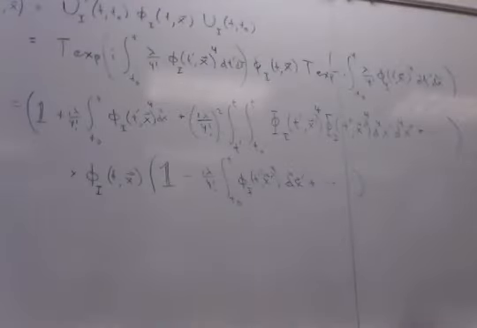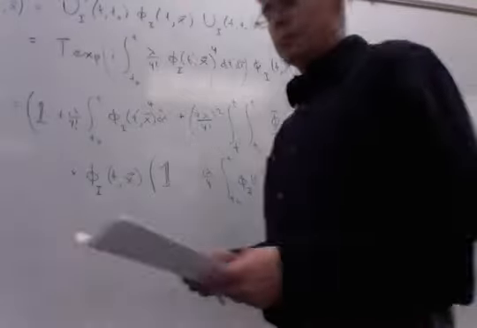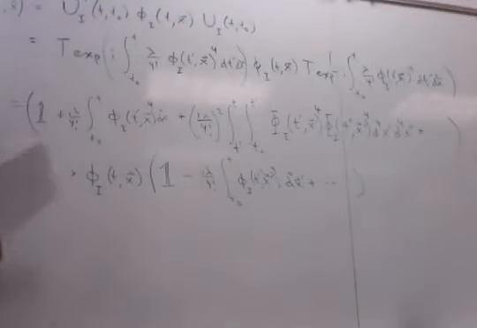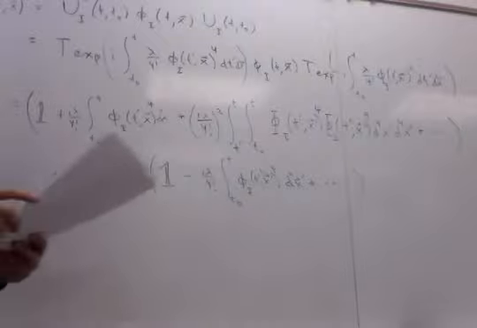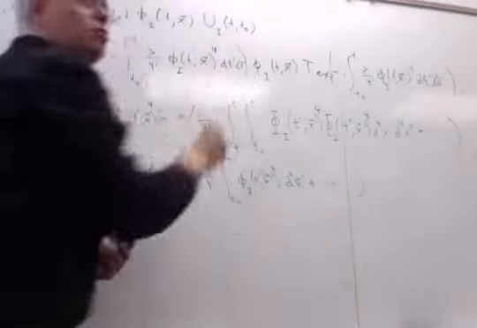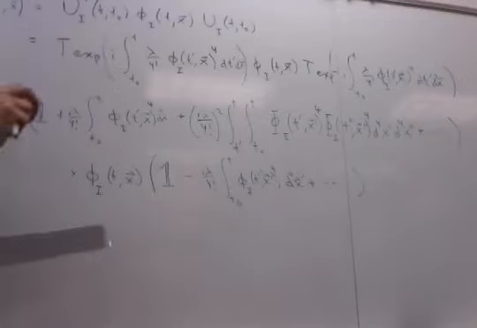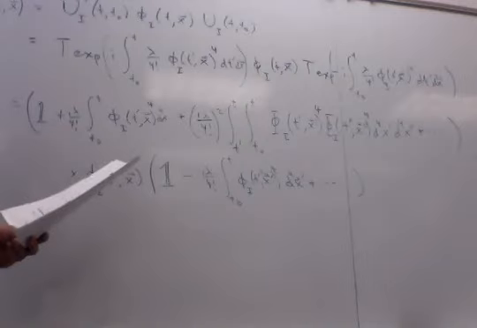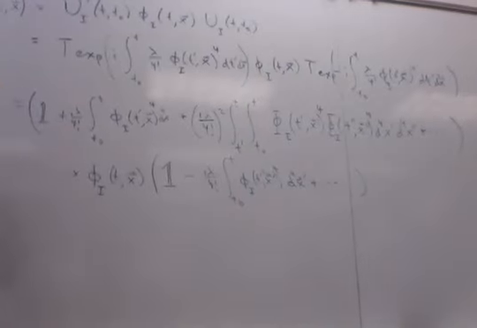Let's see if there's anything else I want to tell you while I've got all these equations up on the board. I'll just say one more thing. I defined this U operator, evolution in the interaction picture, always starting at time t0, but it's going to be useful for us to have an operator that goes between any two times.